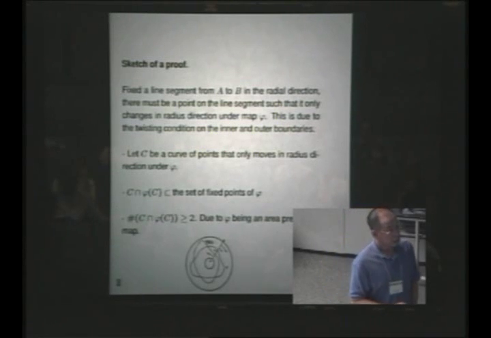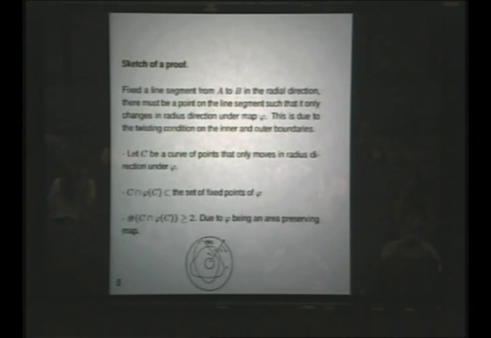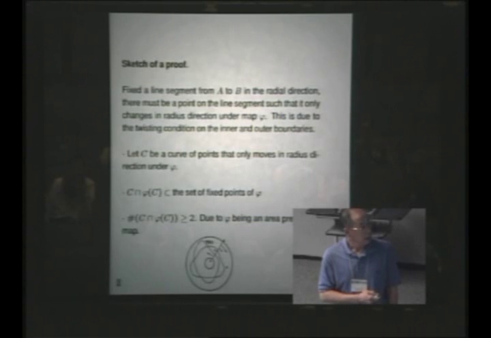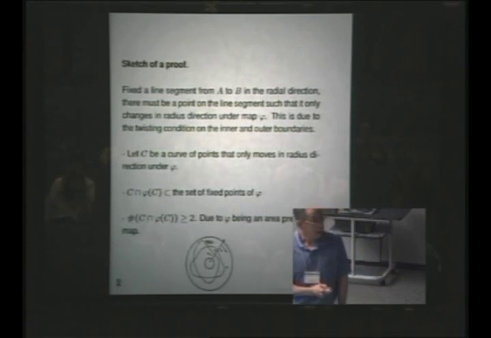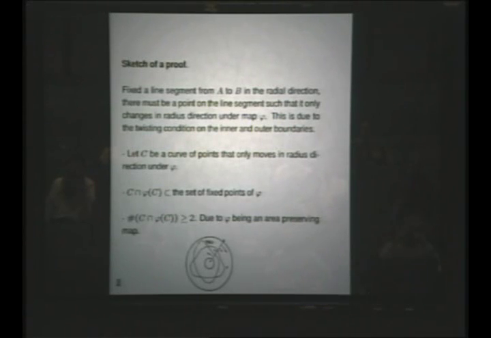Consider the image of this C under phi, let's call it phi of C. It becomes a different curve. The second observation here is that any point in this intersection is a fixed point of phi. This is easy to see because any point on C doesn't move in the angular direction.